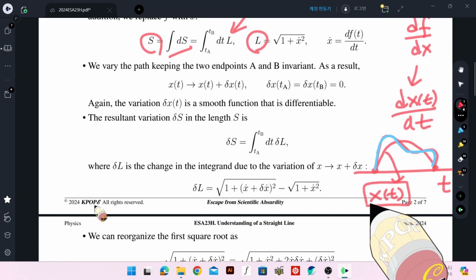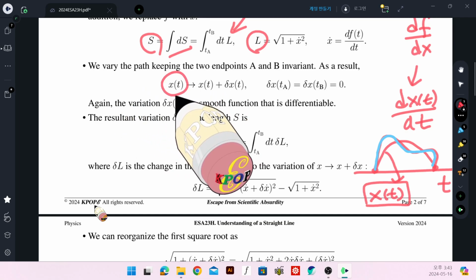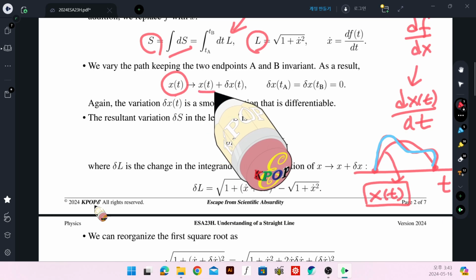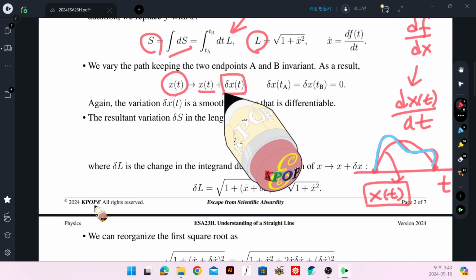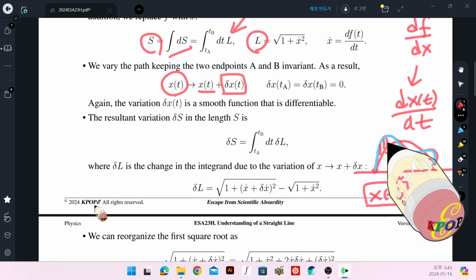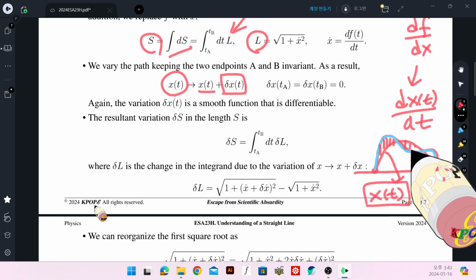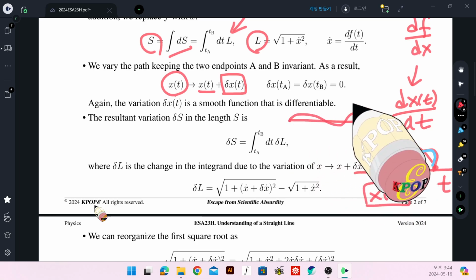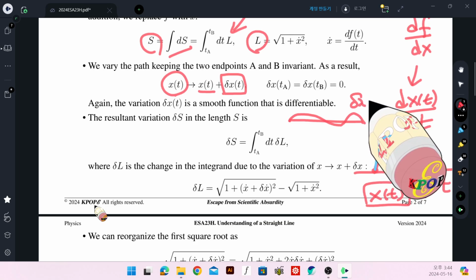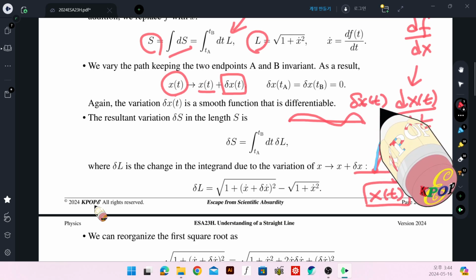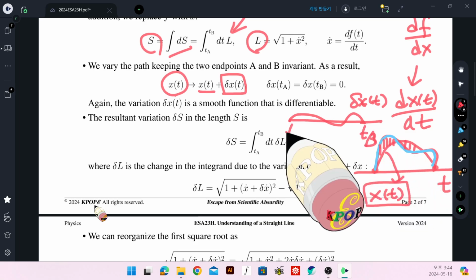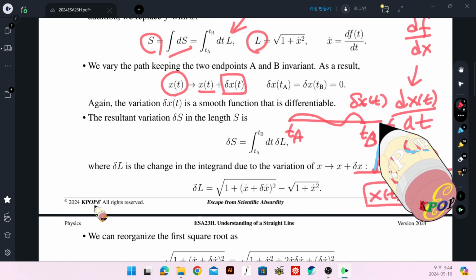Okay, so we vary the path from this. So this one is replaced with x of t plus a delta x of t. The shift, this amount of shift, for example, this kind of shift, is represented by delta x of t, and this is t_b and t_a, and the axis of t.